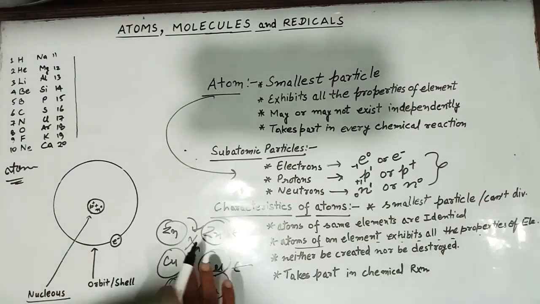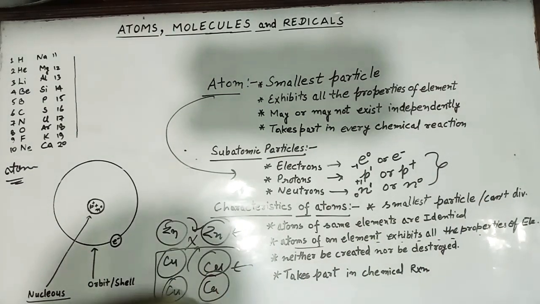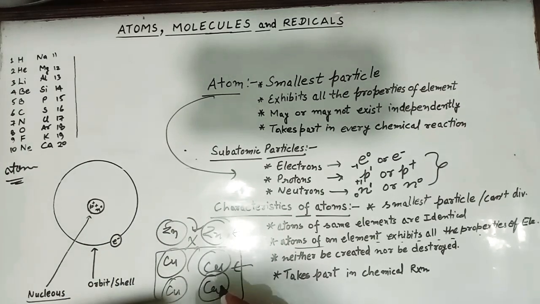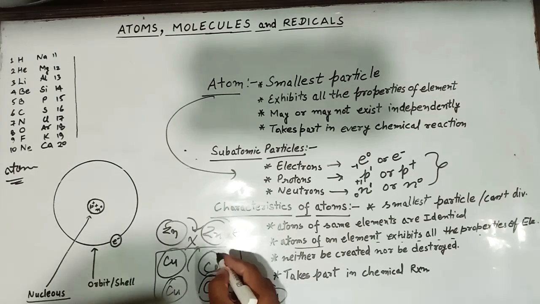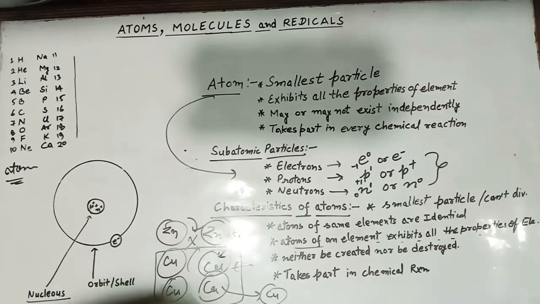Next, atoms of an element exhibit all the properties of that element. Like here is the copper element, so all the atoms of copper will show the properties of copper, this atom also shows the properties of copper, and whatever the number of atoms, they all will show the property of copper.